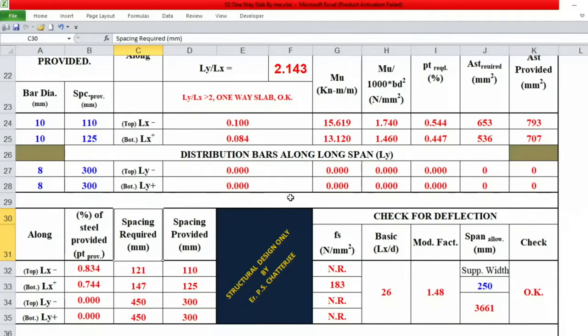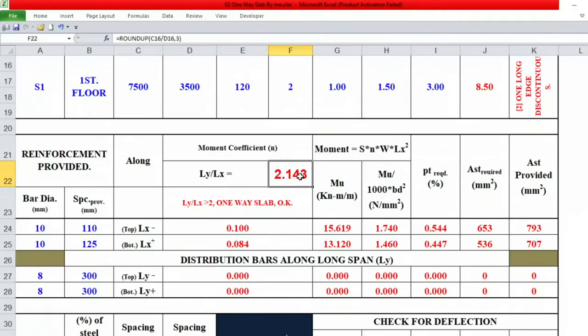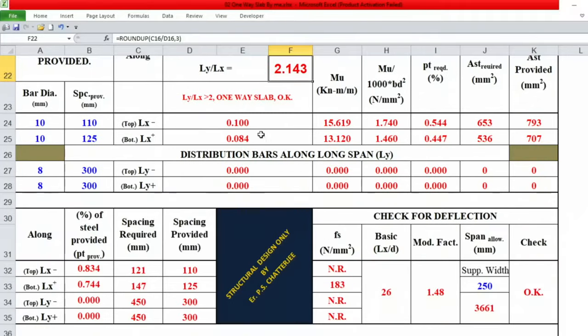Now this is the moment coefficient. I have written here: if F22, this is F22, is less than or equal to 2, then it is not applicable.